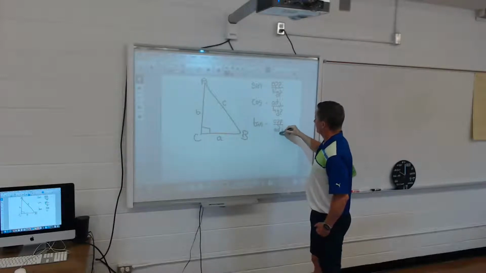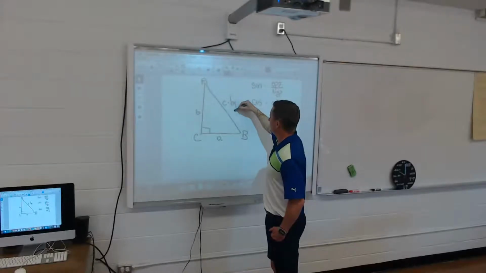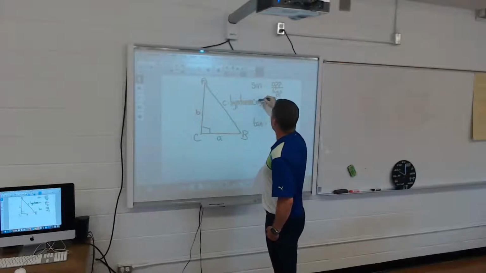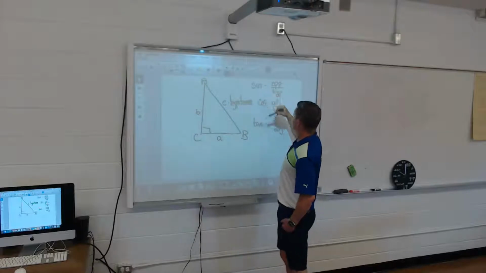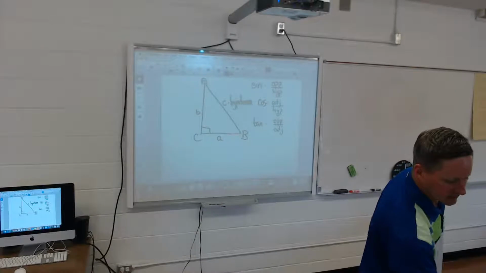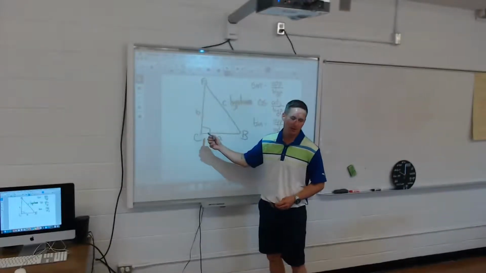Now, the hypotenuse, we remember, is always the side that's across from the right angle. It's the longest side, and the reason it's the longest side is because this has to be the largest angle.